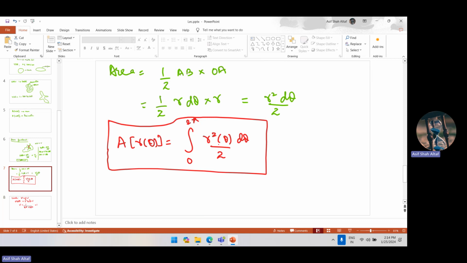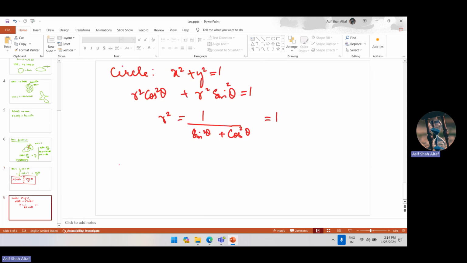So what you'll be doing, you will just put here 1, and the area of the circle then will be the integral from 0 to 2 pi of d theta by 2, which is pi. And if you know from the basic formula for a circle, the area is pi r square, and in this case, since r is equal to 1, we exactly get the same answer.